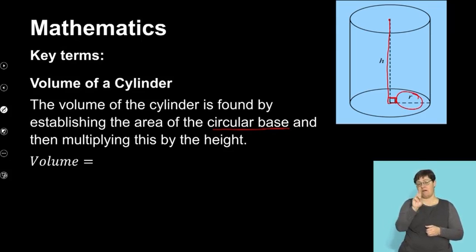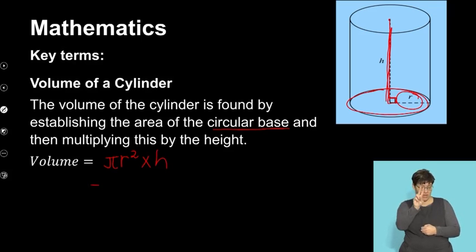And just a reminder that the area of a circle is pi r squared. And I've now got the area of my base circle, and this is being multiplied by my perpendicular height. So it's going to be pi r squared times h, which I can also just write as pi r squared h.